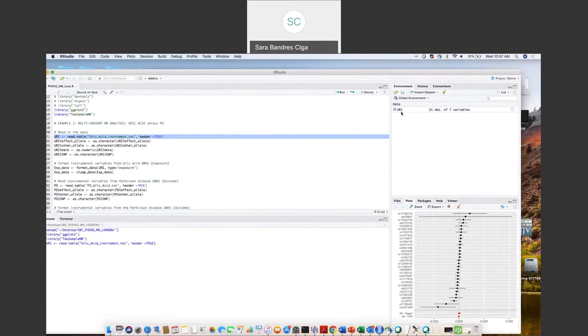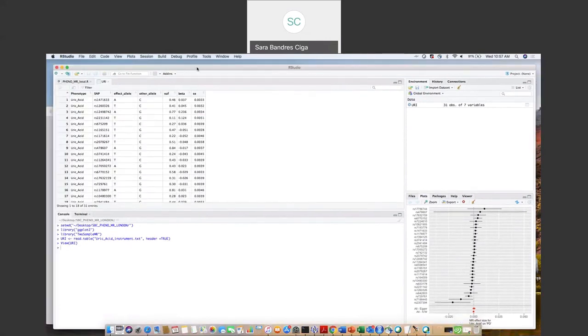And here's how this is supposed to look. Your data needs to be in this format. You are going to have your phenotype, in this case uric acid, our exposure of interest. Then you have the SNPs that are genome-wide associated with uric acid. Then the effect allele, which is the allele that the beta refers to.